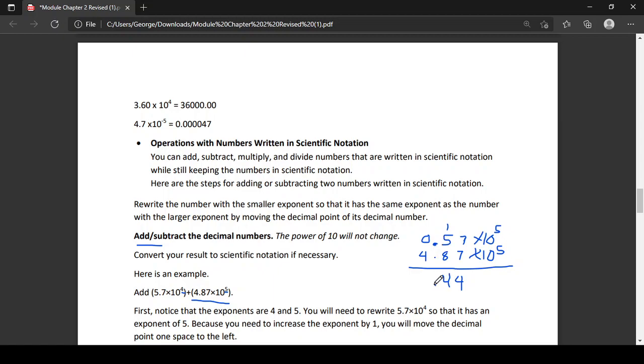Follow your decimal point when you carry 1 while adding. So 0 plus 4, with the carry over of 1, how many in all? 5. And the power of 10 exponent? Carry over only, copy paste, sir. Copy paste only. And that is your final answer. It is easy to add, right?